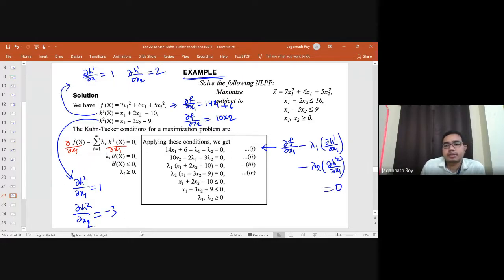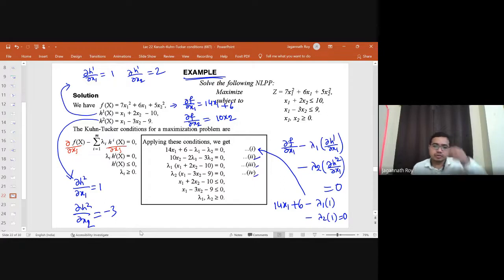So this is nothing but 14x1 plus 6 minus lambda 1 into 1 minus lambda 2 into 1 equals to 0. So this is simplified as equation 1. So this is the one. Similarly, we find out equations 2, 3 and 4.